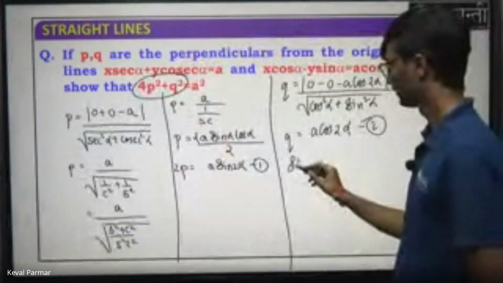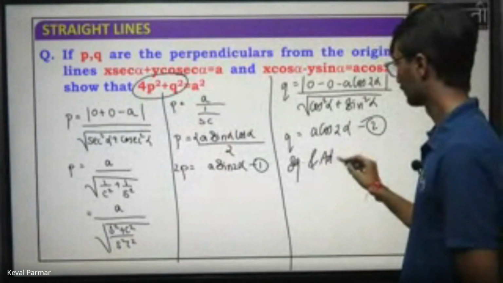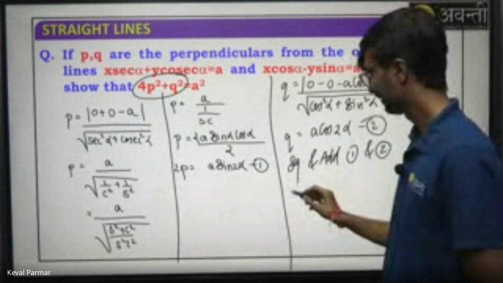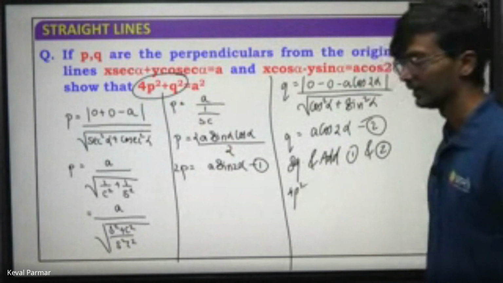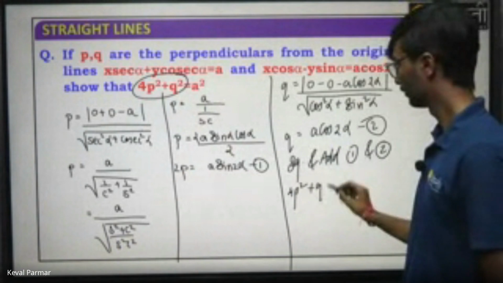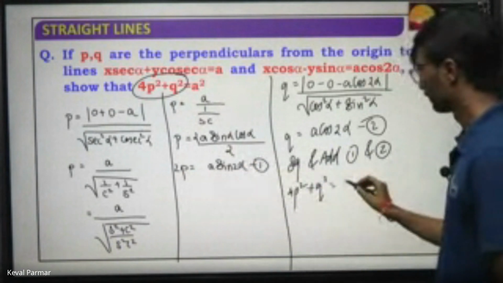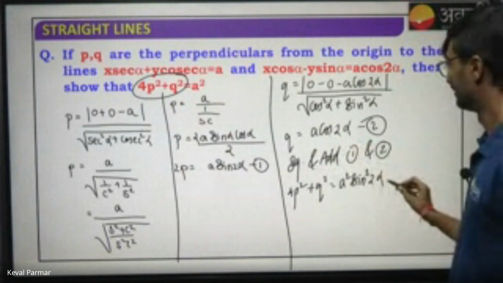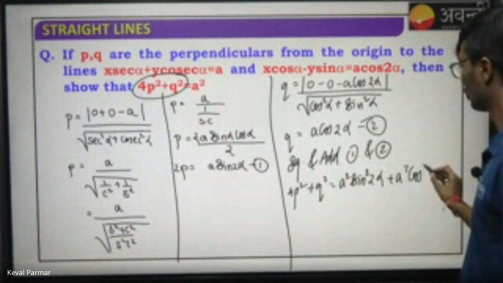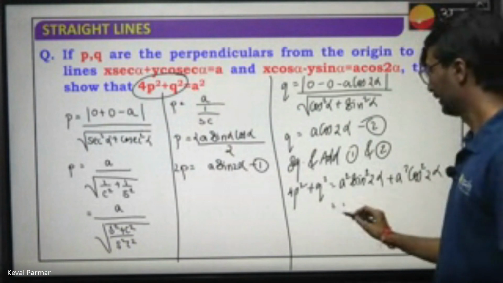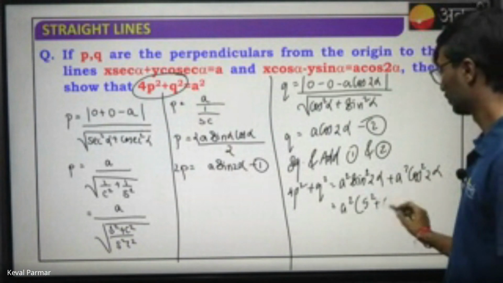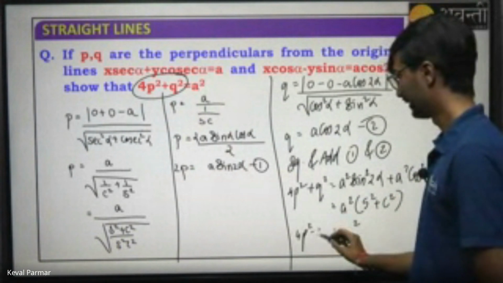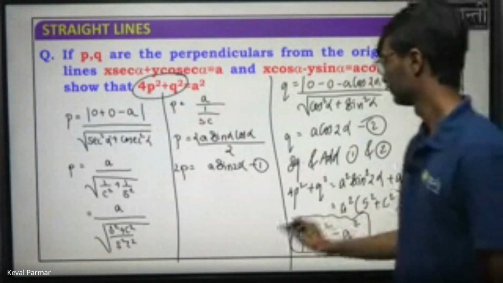So square and add 1 and 2. If I square 1, LHS I'll get 4p square. If I square this, LHS I'll get q square is equals to RHS a square sine square 2 alpha plus a square cos square 2 alpha. If I take a square common, I'll get sine square plus cos square, which is 1. So I got 4p square plus q square is equals to a square. Correct, guys?